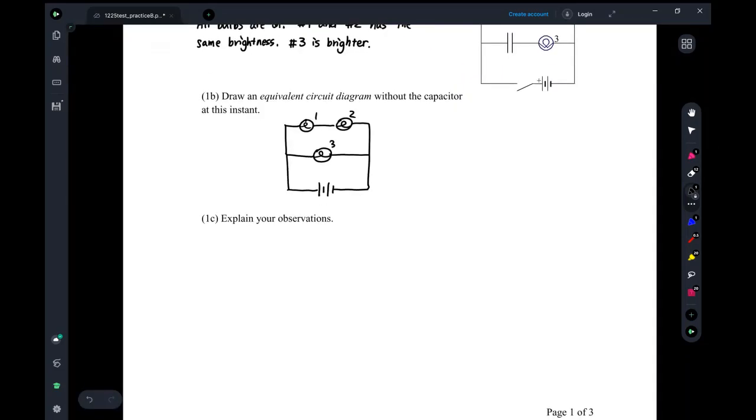Explain your observations. So you should say the charge on the capacitor is 0. Therefore, the voltage across it is 0.